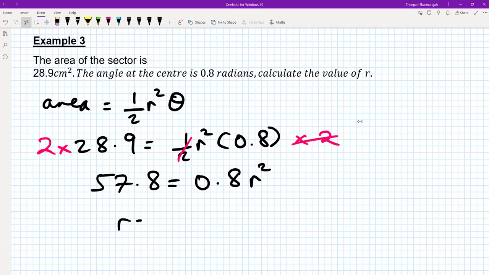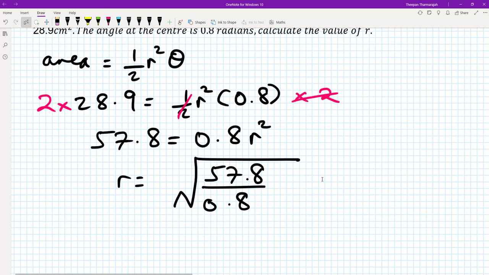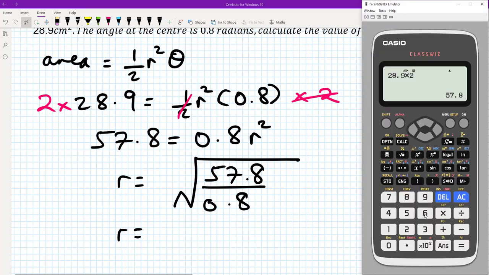So to find r, we just do the square root of 57.8 divided by 0.8, and we square root the whole thing. So we can just type that straight into our calculator like so, and we'll get our result, which is 8.5 centimeters.